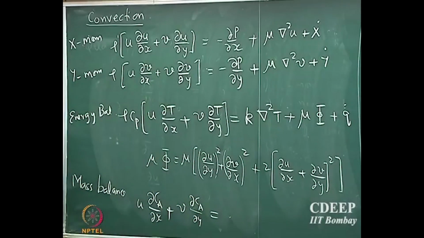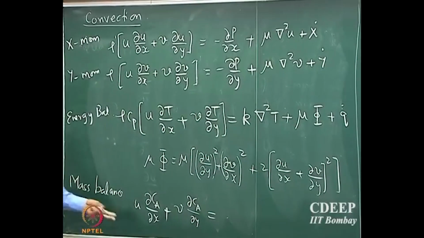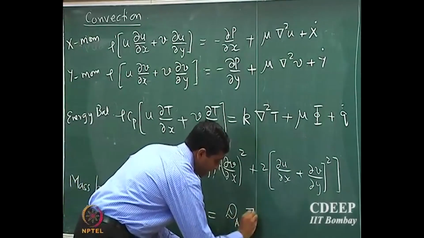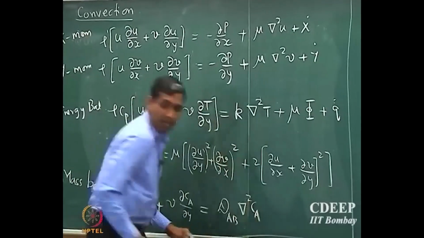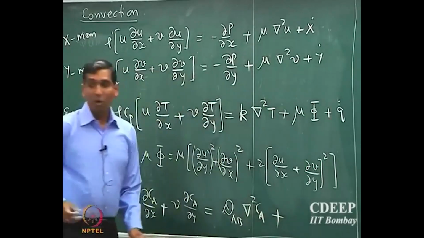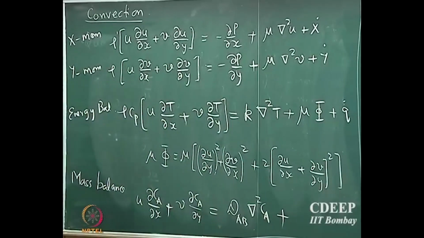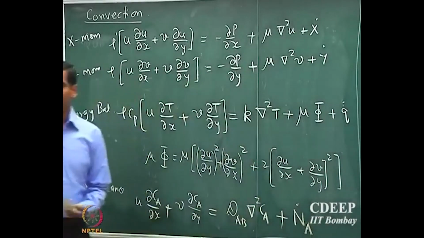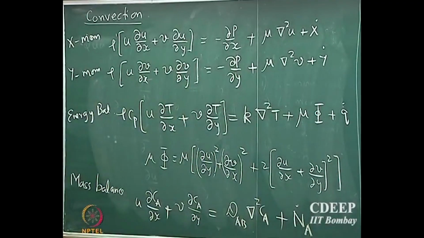So if A is the species and we are monitoring the concentration of the species, that's the convective term, and that should be equal to the diffusivity multiplied by del square Ca. So that's the mass diffusion. There is no viscous dissipation, so all that we can have is a generation term. If I put N dot as the mass generation term, it could be by chemical reaction, etc. There could be many different ways, but let's say Na dot is the volumetric mass generation term.